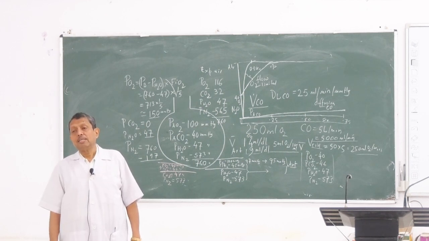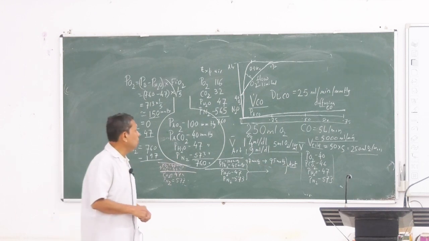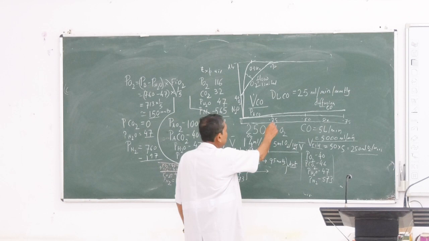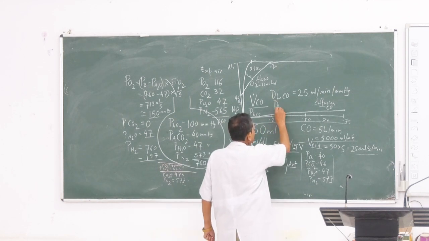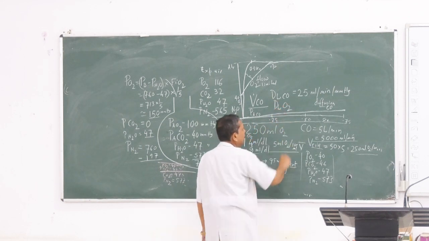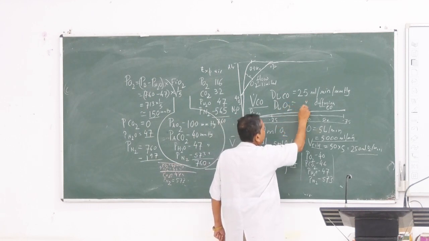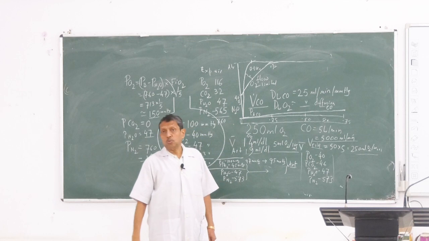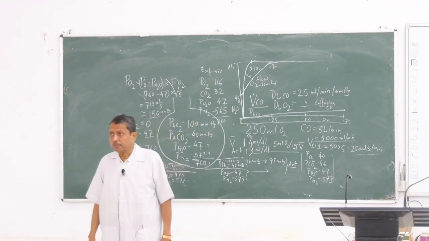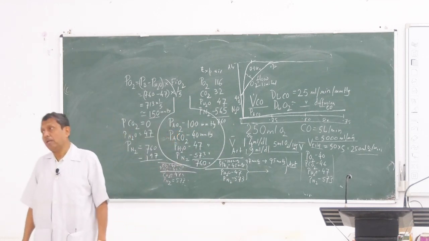Diffusion capacity of carbon monoxide, DLCO, is measured. And DLO2 is almost similar to this value, the same value.